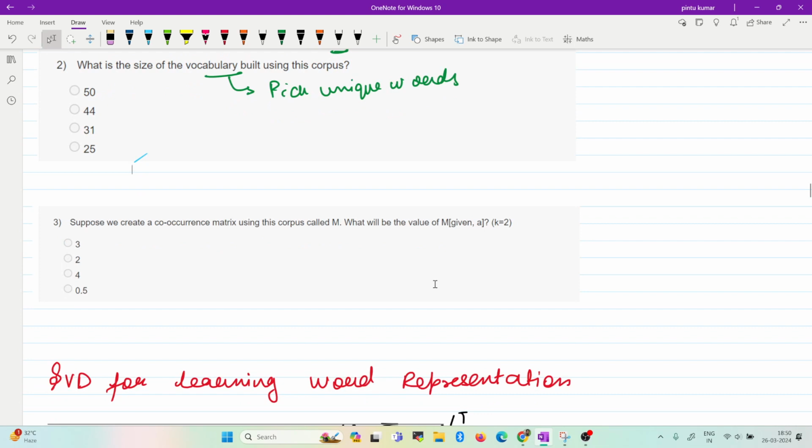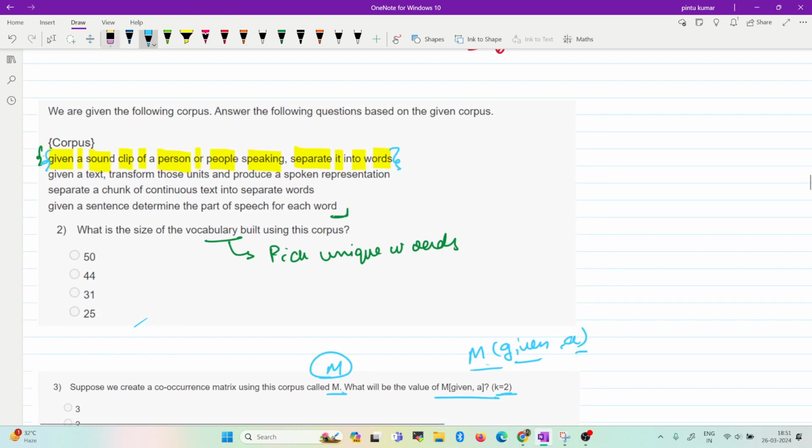Now suppose we create a co-occurrence matrix using the corpus called M. So my co-occurrence matrix is denoted by M. The question is, what is the value of M of given comma A? It is asking, in window length 2, how many times given and A occur together? Let's look at this corpus and try to find out.